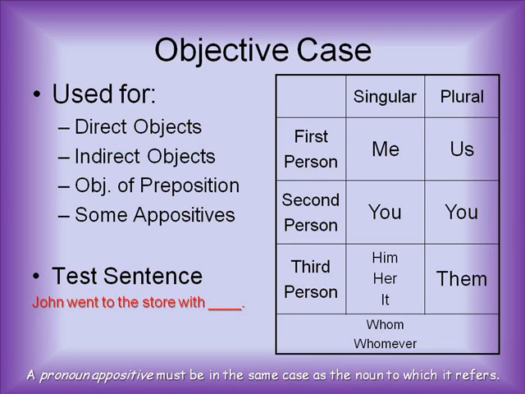And when you have appositives to any of those three things, those appositives would also use the objective case. Now, if you just want a test sentence to know if that pronoun is in the objective case, try something like, John went to the store with me, or with them, or with her. If you say this sentence, you're using that as the object of the preposition, and it'll force you to say it in the objective case.